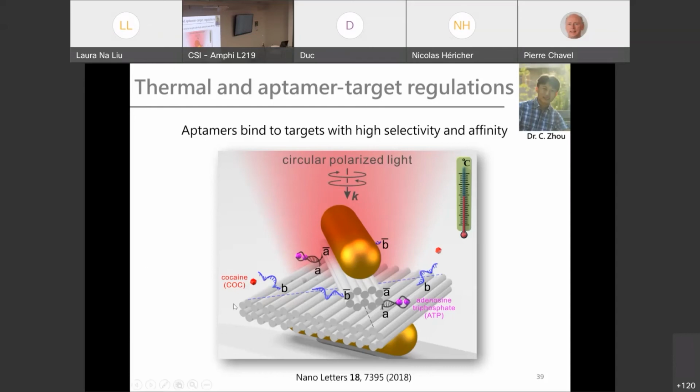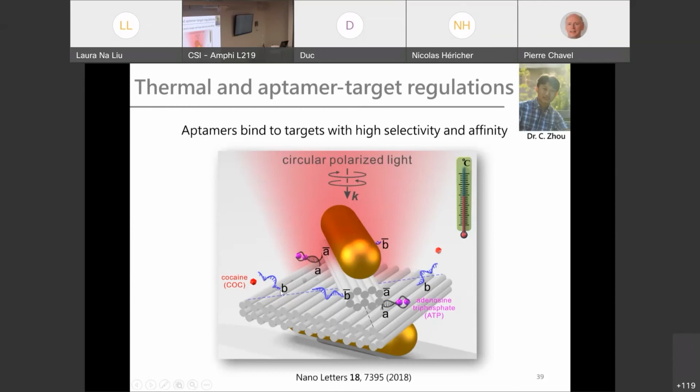If you are not familiar with aptamer and target regulations, it doesn't matter. In a very simplified understanding, for instance, this blue strand is an aptamer. These aptamers can be designed in a very specific and very selective way so that they can grab or trap certain molecules.